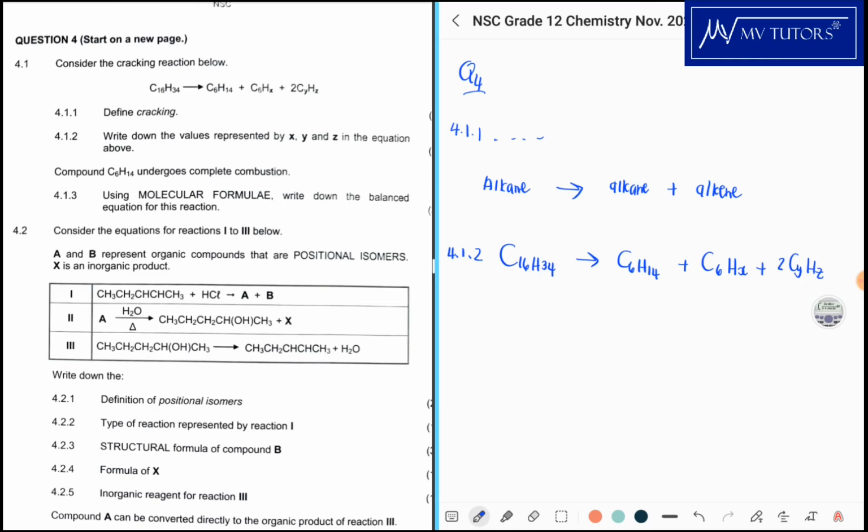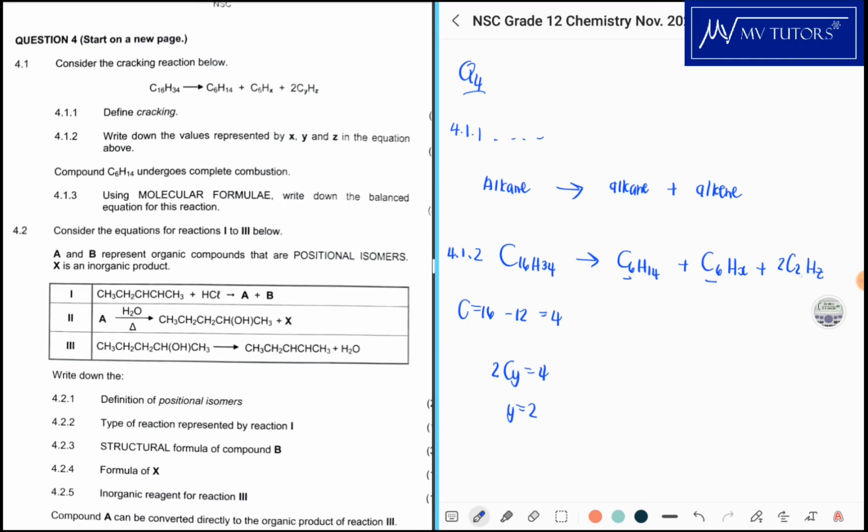All right, so in total, we have 16 carbons, right? Now, we have used up the 6 and the 12, so now we are left with 4. So over here, I need to have 4, so 2CY has to be 4. So basically, Y is going to be 2, so we can remove that Y and put a 2 there.